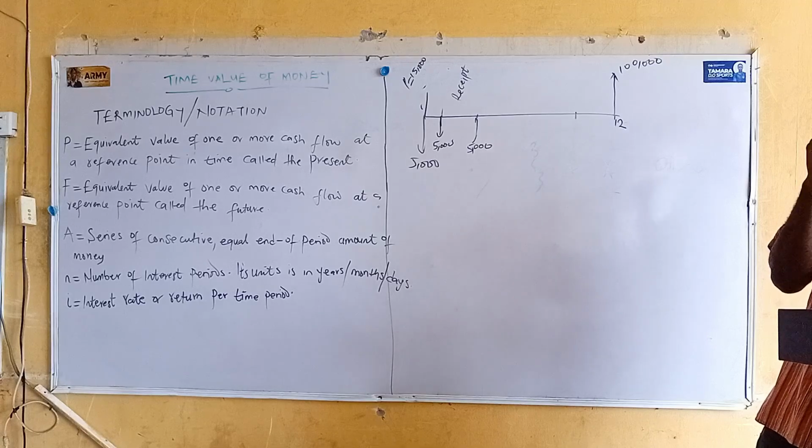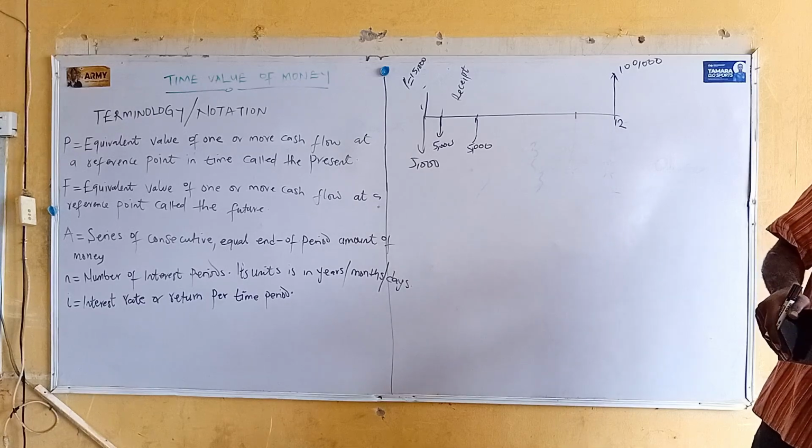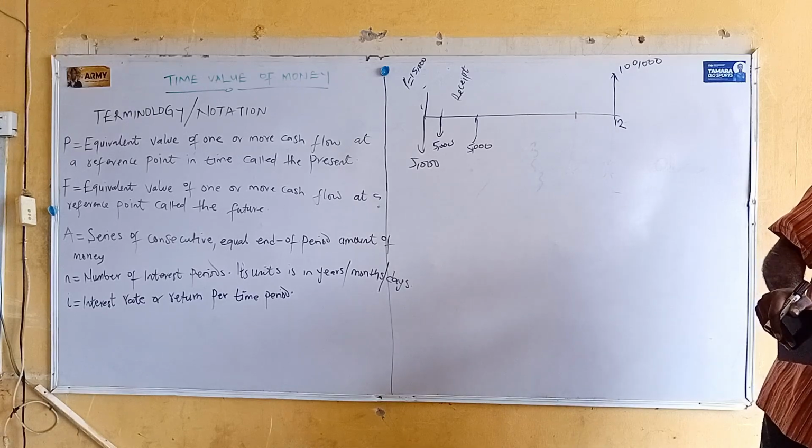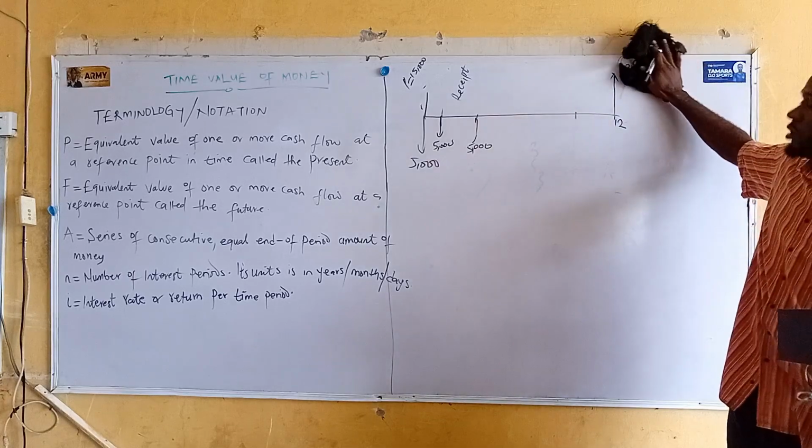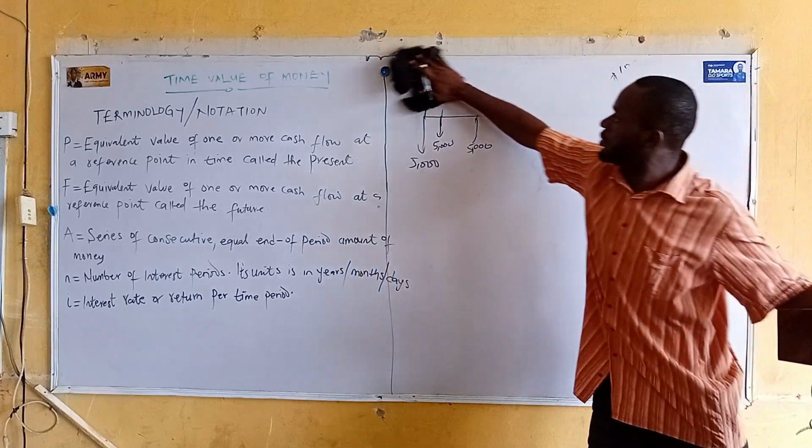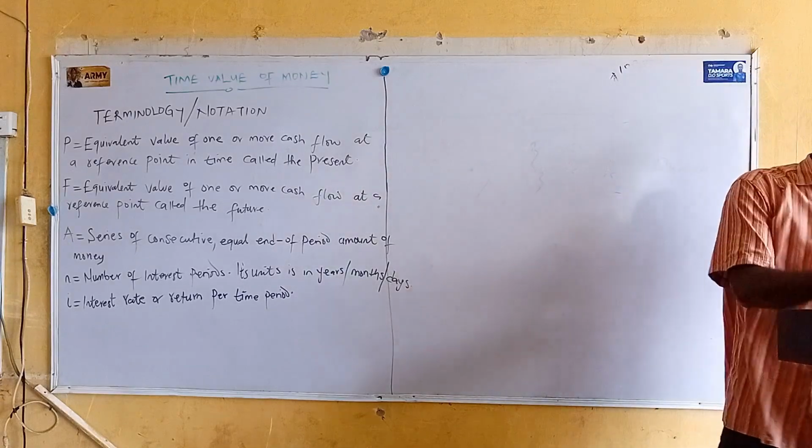At the end of the sixth year, you plan to close the account by withdrawing the remaining money. Define the symbols involved and draw the cash flow diagram. Let's also write it down.